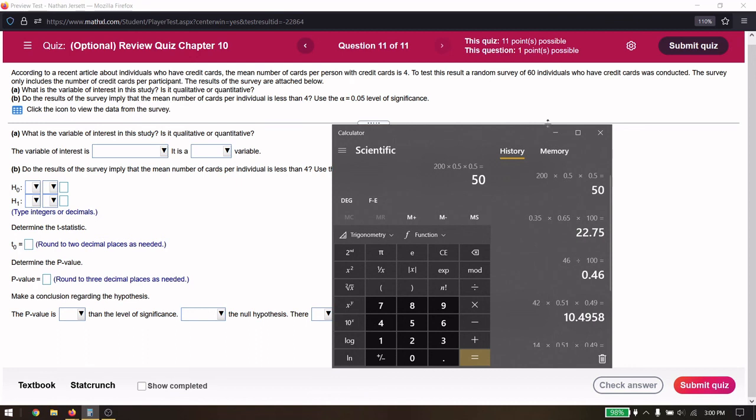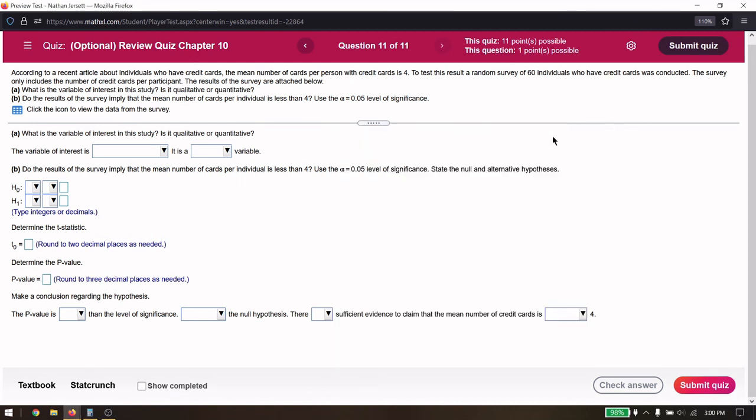Or wait, no. It's a mean. I was just going to test the population proportion, but this is a mean number of cards, 4.